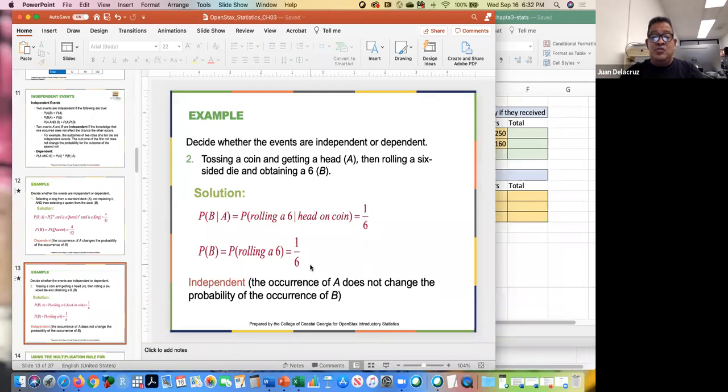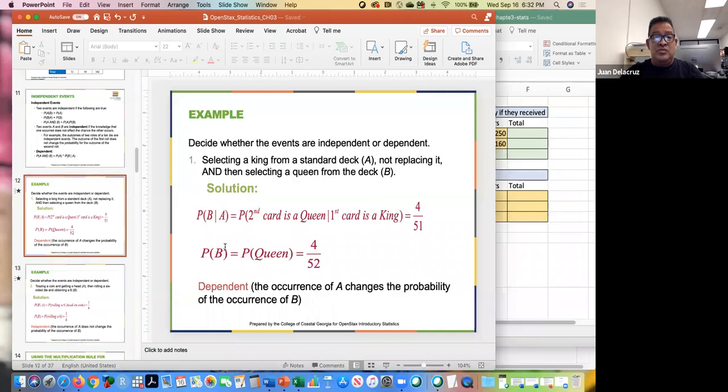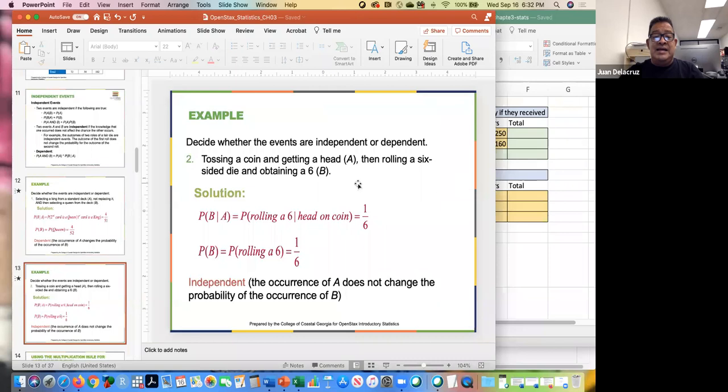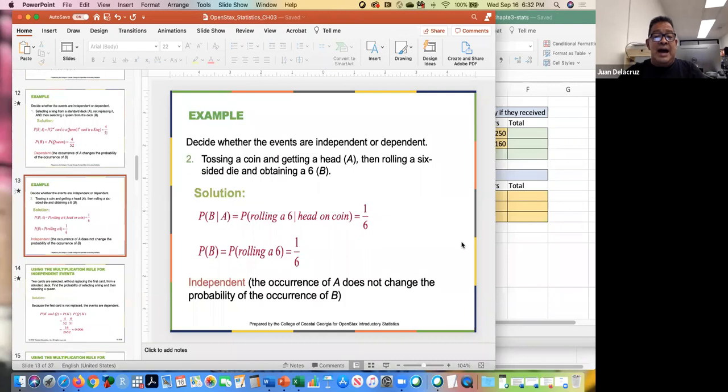Because these two are equal, going back to our equations, the conditional probability has to be equal to the probability of the event. In this case, the conditional probability and the probability of the event are exactly the same. We can say that those events are independent.